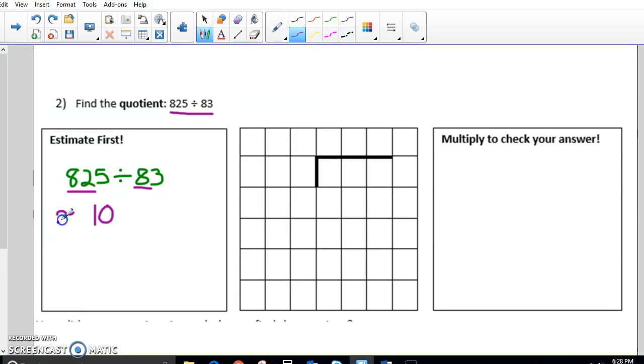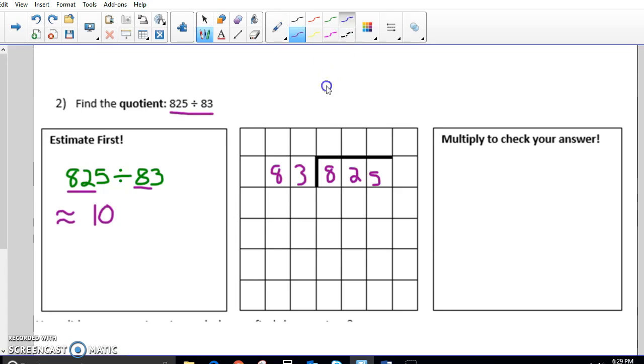So in your estimate box, you want to write these squiggly lines here, and you want to write 10. Then you're going to come over and write the problem in the boxes. The first thing that you're going to ask yourself is, can 83 go into 8?